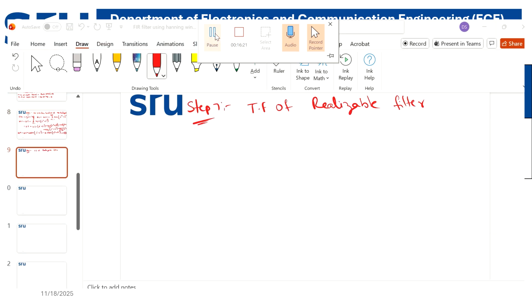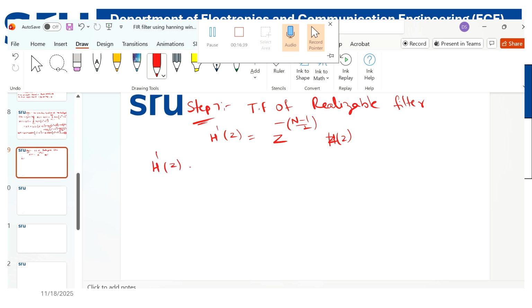Step number 7 is based on finding the transfer function of the realizable filter, that is h dash of z, which is obtained by multiplying h of z with z power minus (N minus 1) by 2. So from equation number 2 we have h of z, therefore h dash of z is equal to z power minus 5 into h of z. So h dash of z is equal to 0.5 multiplied by z power minus 5 plus 0.287.